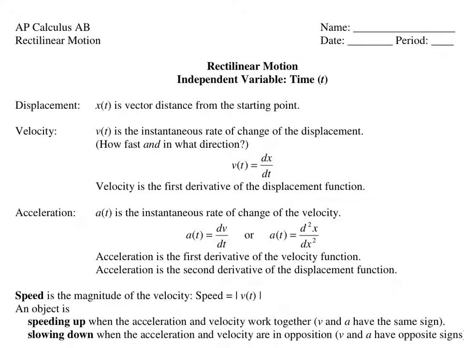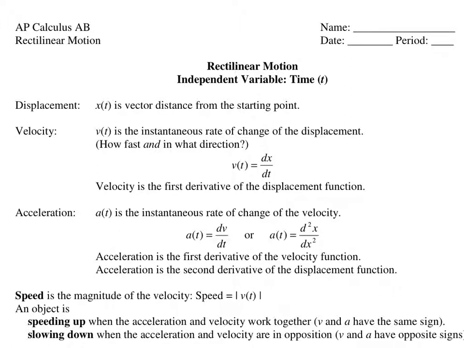If I'm standing here and this is my starting point, and I move 2 spaces to your left, I've moved to -2 in displacement. If I move 3 spaces to your right, now I'm at +3. So if I said -2 or +3, you would know which way I was from my starting point. So it's a vector distance.